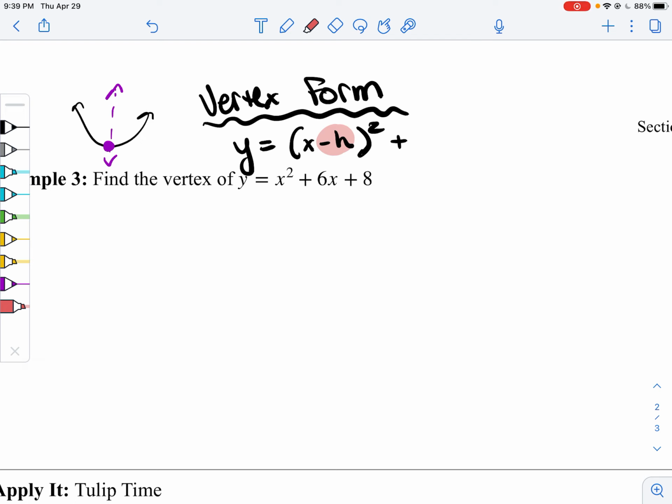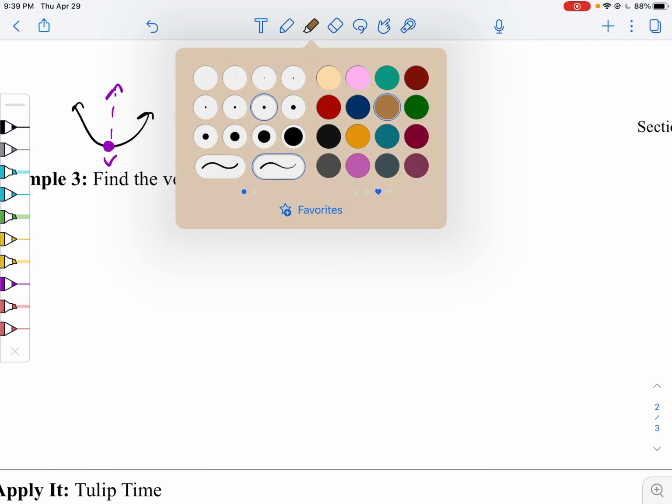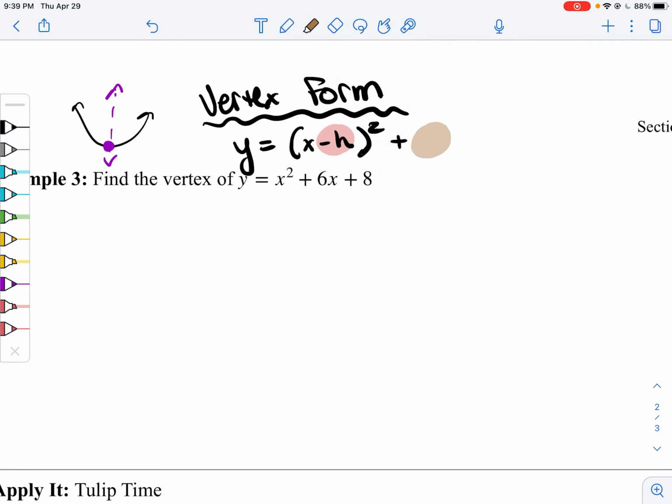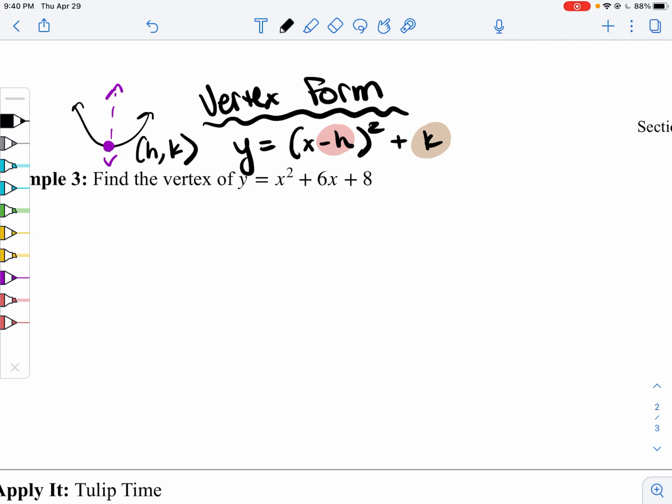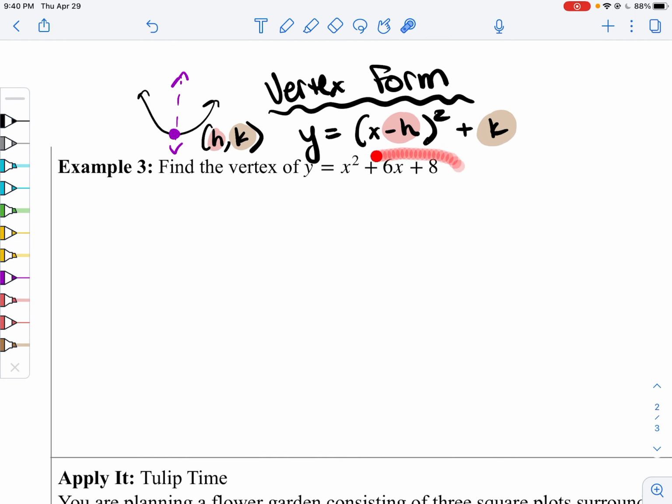And k, the vertex is going to be at some x value h and some y value k, like that. That's vertex form.